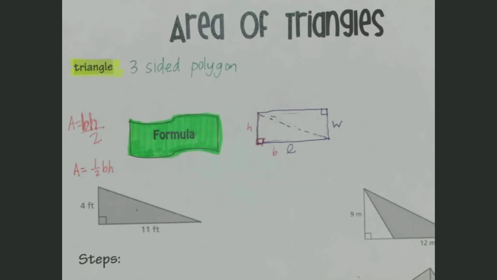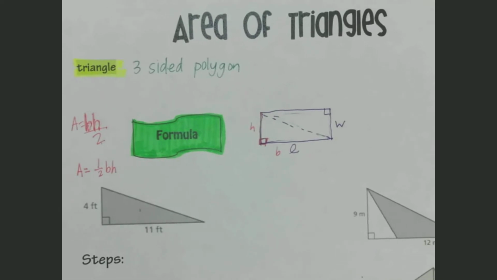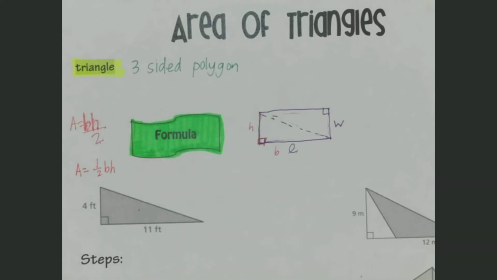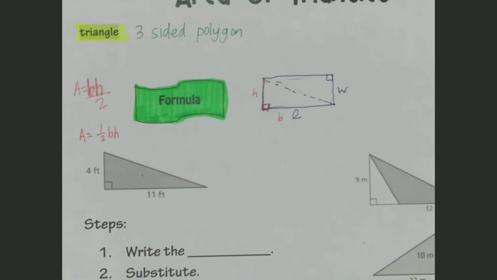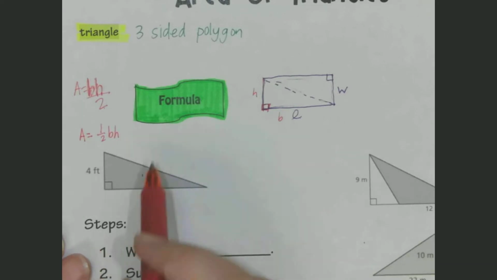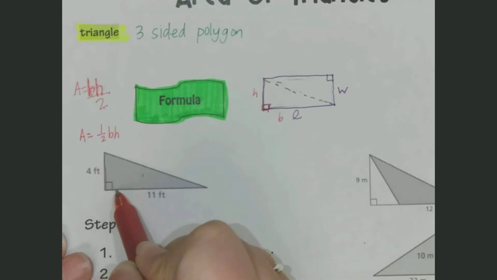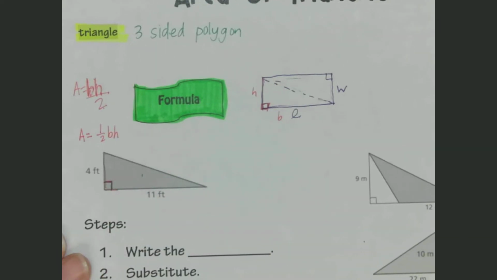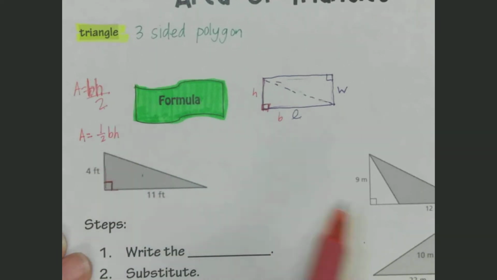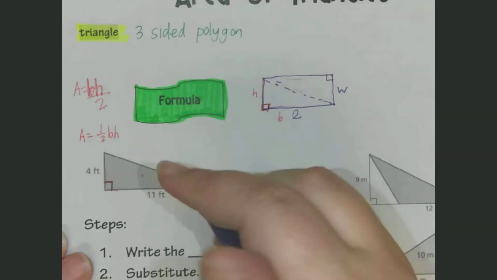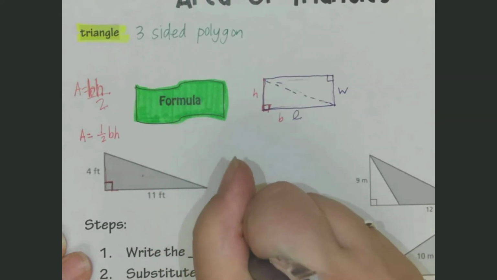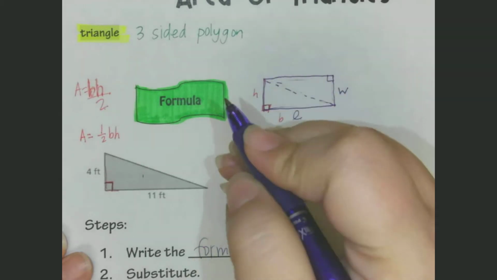You have this formula and you can just plug everything into the equation and it will give you the right answer. Okay, so this first triangle right here is a right triangle, which means that it has the right angle right on the inside. So first step is to write the formula.